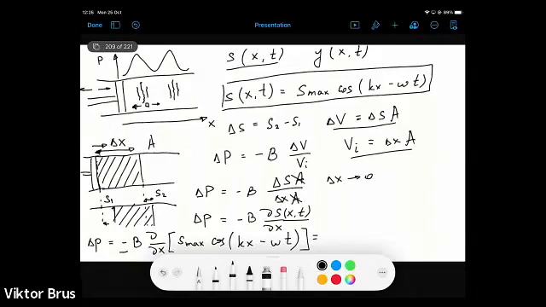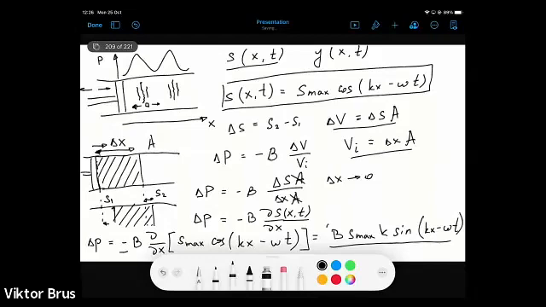So that means we will have B times S maximum times K times sinus Kx minus omega t. So we got this relationship here.